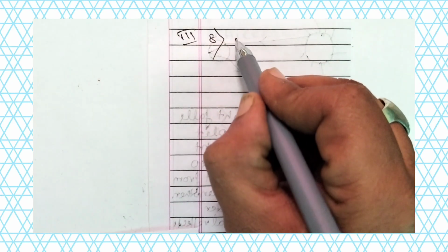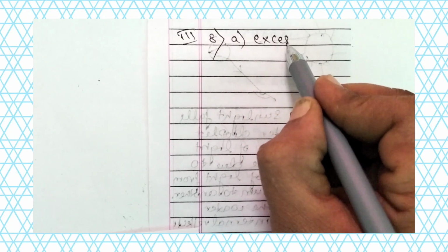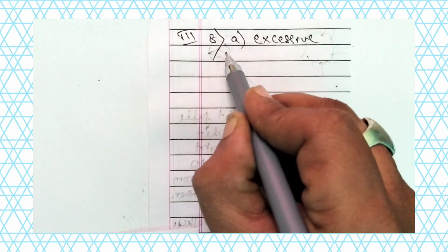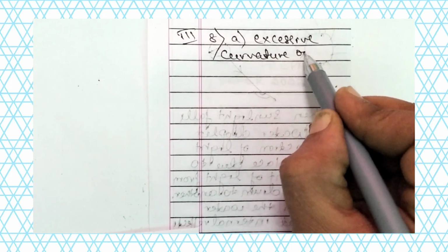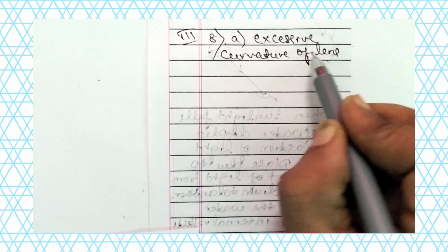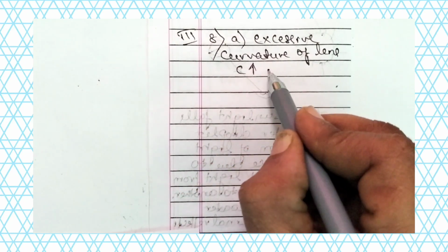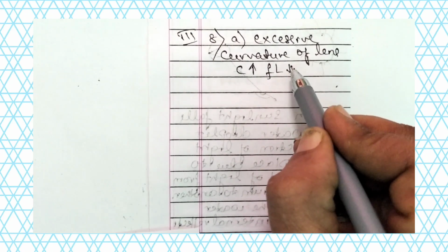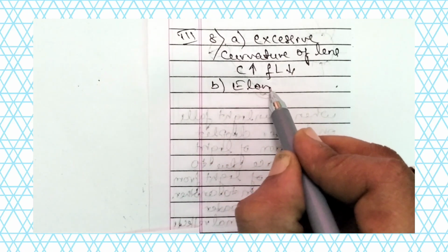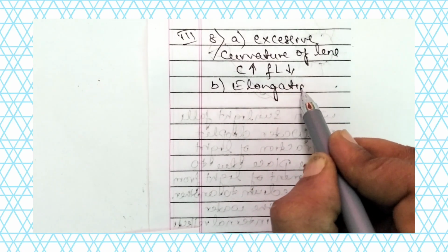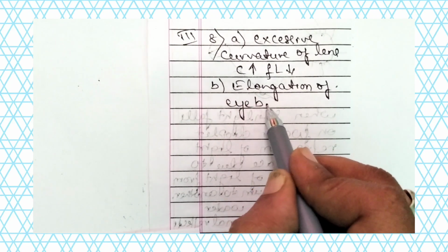The causes for myopia: the first reason is excessive curvature of the lens. The curvature of the lens is more. As the curvature increases, focal length decreases. That is the main reason. The second one is elongation of the eyeball. The eyeball becomes larger.